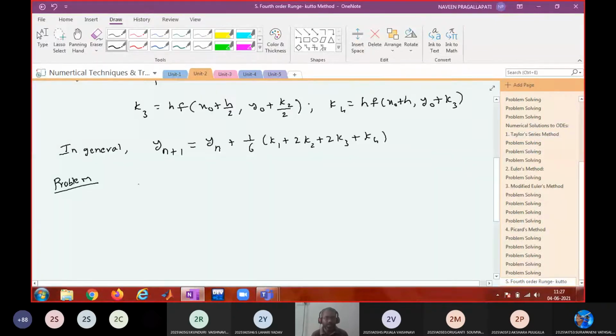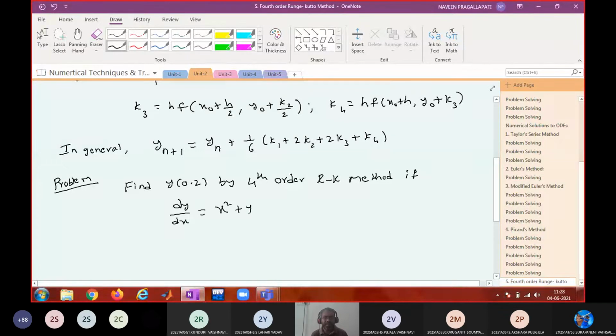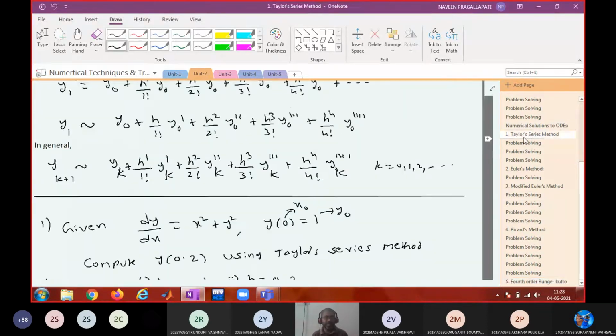Find y of 0.2 by fourth order RK method if dy by dx equal to x square plus y square with y of 0 equal to 1.